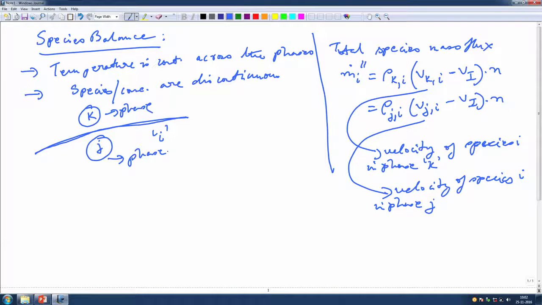So, over here we have defined two velocities.